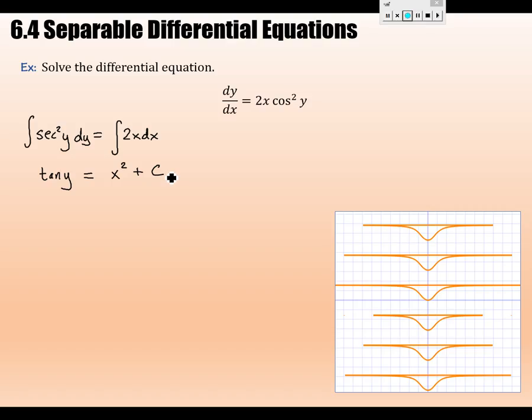Maybe c equals 0? It looks like maybe. If c is 0, then 0, comma 0 is on the curve. That's why I'm guessing that I just used c equals 0 there. We having fun yet? All right.